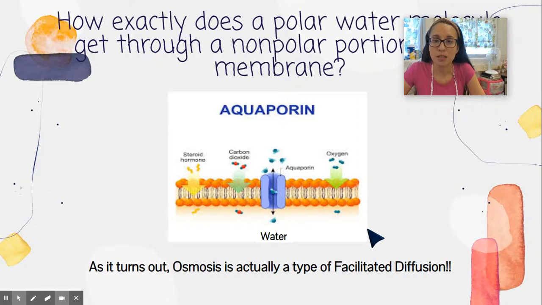And how exactly does a polar water molecule cross a non-polar portion of the membrane? Remember those hydrophobic tails in the middle of the membrane? Well, since it's not very friendly with water, water travels in bulk through an aquaporin, which is a channel protein. So osmosis is actually a type of facilitated diffusion.